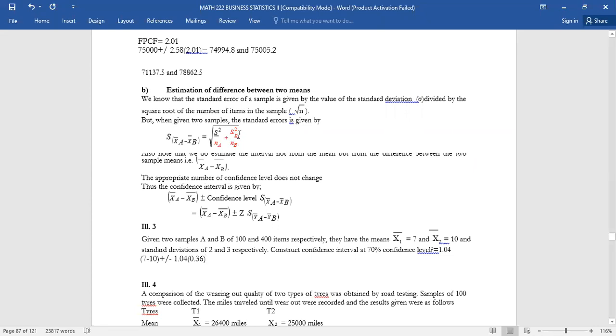Then you find the square root, which is 0.25.